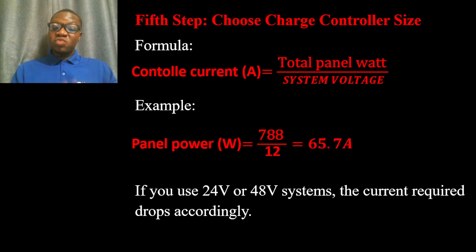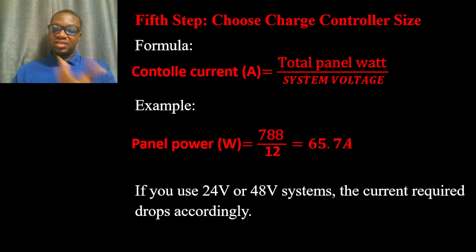If you are asked to design a system and you are doing a 12 volt system, especially as the load goes up, the more the need for more panels, and the more the current those panels generate increases, and your charge controller size will directly increase.